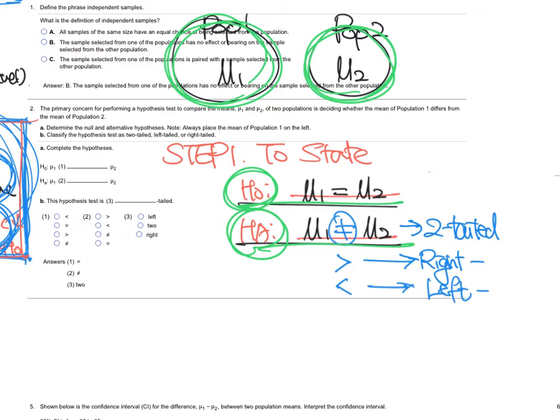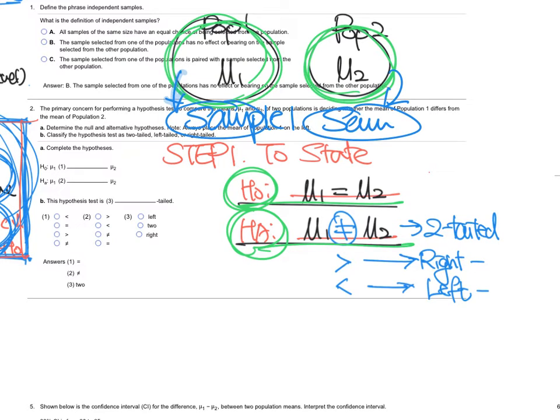But please remember, in chapter 10, we have 2 groups. From population number 1, we take sample number 1. And from population number 2, we take another sample, number 2. So always we have 2 means, mu1 and mu2.